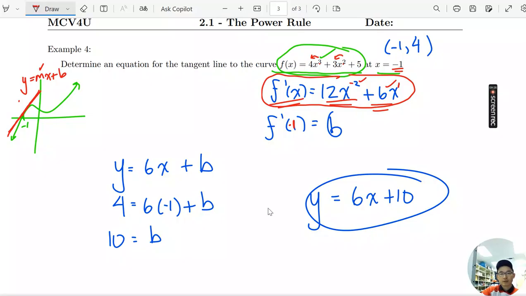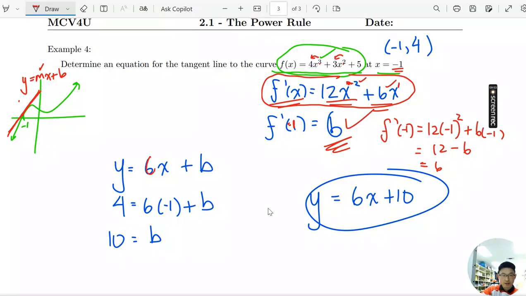So if I sub in -1, I will have f prime of -1 is equal to 12 times -1 squared plus 6 times -1, which will give me -1 squared is 1, so 12 subtract 6, which will equal 6. Okay, so this was right. I just forgot to put the negative there, which tells me that the slope of this tangent is 6.